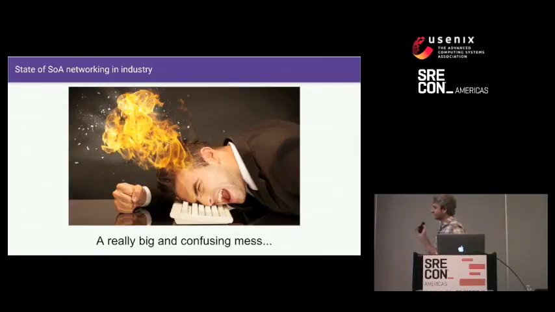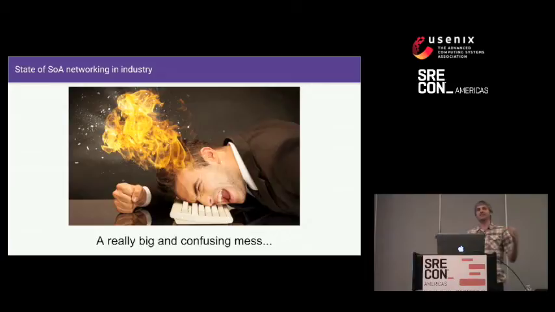So this is generally what I think most people experience when it comes to networking, right? It's incredibly painful. It's incredibly confusing. And no one really knows what's going on, to the point that I think for many smaller companies, if you're not Google or you're not Facebook or you're not someone that's invested a lot in this space, many developers don't want to do SOA. They just don't want to do it, right?